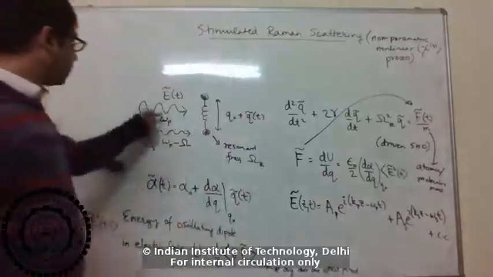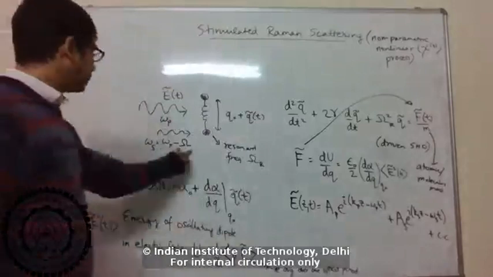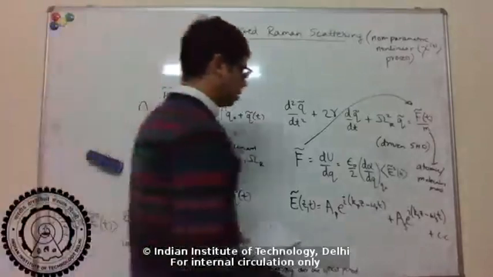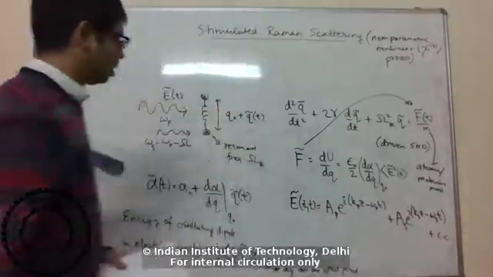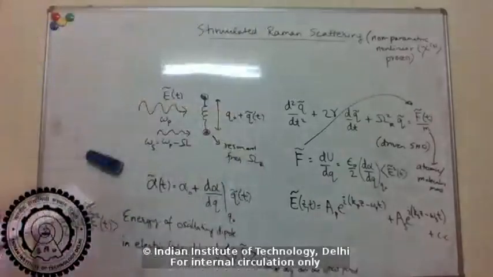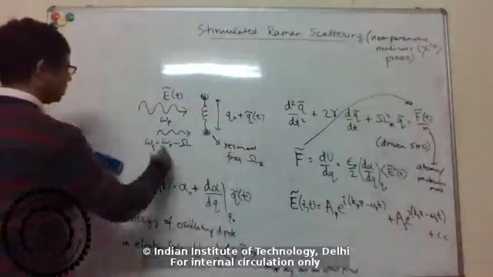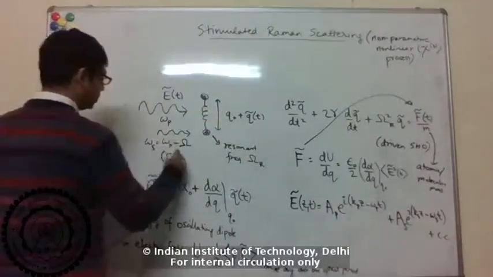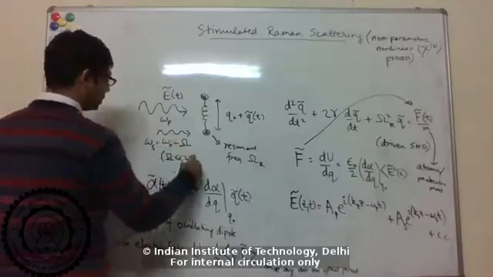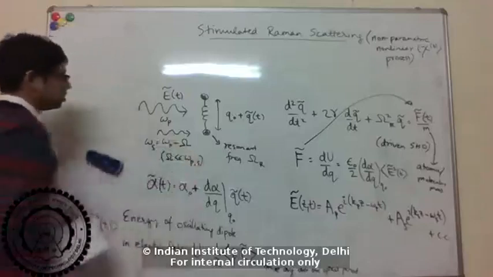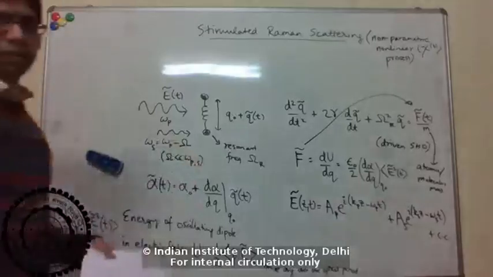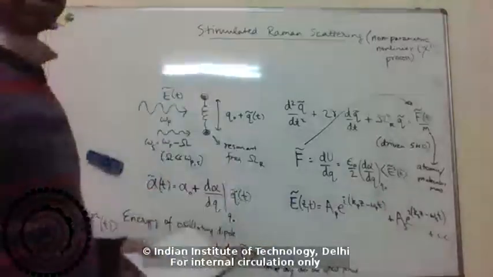So the Stokes is detuned from the pump by frequency omega. Okay, and typically this omega, the detuning, is much smaller than the absolute frequencies of the pump and Stokes. Right, so the frequencies are fairly close together compared to that absolute frequency.